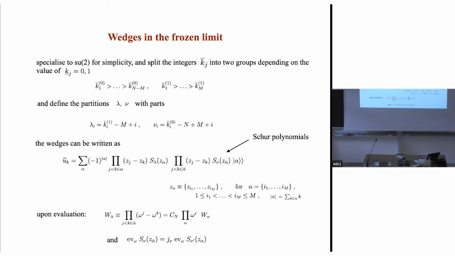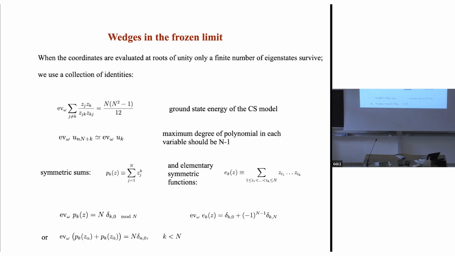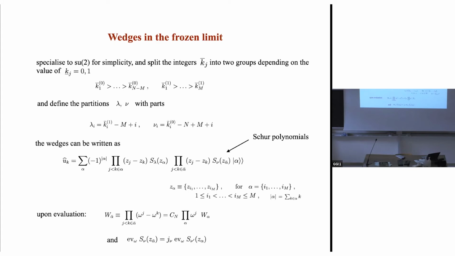And also, given this relation that I have explained here, we know that the Schur polynomials for the complementary set will become proportional, up to some coefficient which depends on the partition, to the Schur polynomial of the conjugate partition where the lines and the columns are inverted. So we know what this becomes when we send everything to the roots of unity.